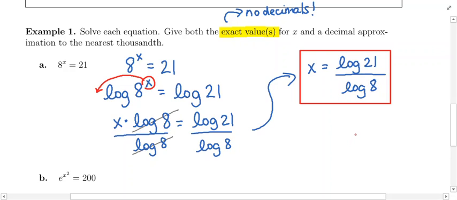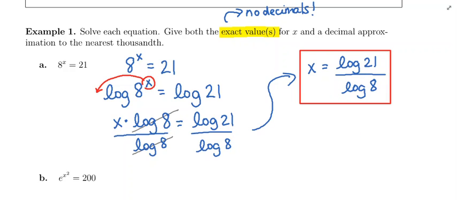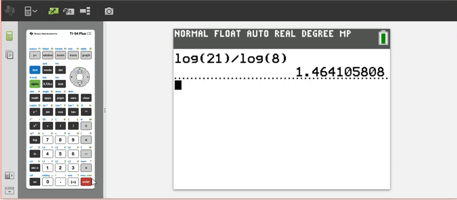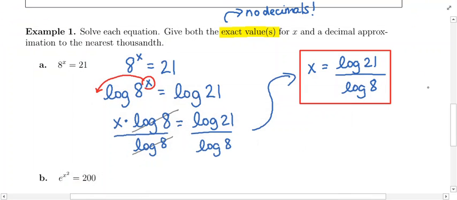You have to give both an exact answer and a decimal approximation. So now I'm going to march to my calculator and punch this in, just like you see it. You need to use log. This is the log of 21 divided by the log of 8. Here's your answer, your decimal approximation. I'm going to go back to the directions.